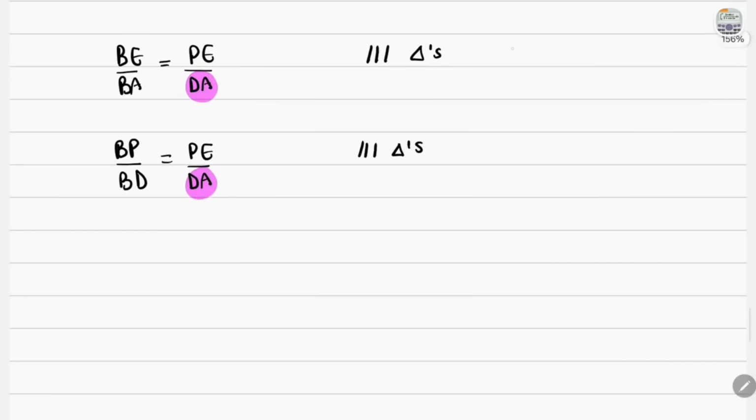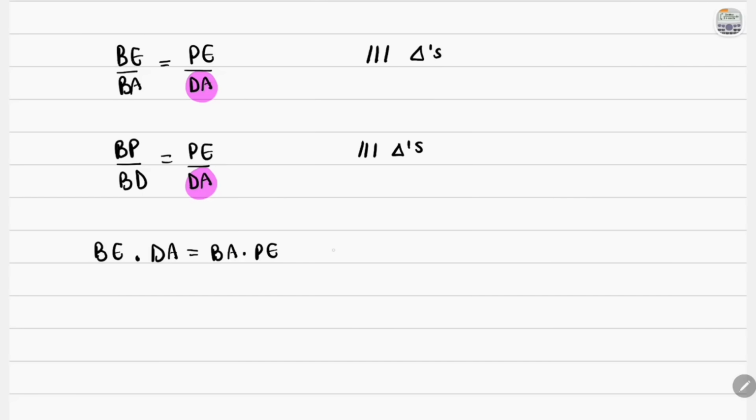So, okay, let's go ahead and do that. So this is BE multiplied by DA, okay, so it's times DA and then is equal to BA multiplied by PE. I can't see how this is not going to work out, to be honest, because the problem is PE is in the numerator in both equations.